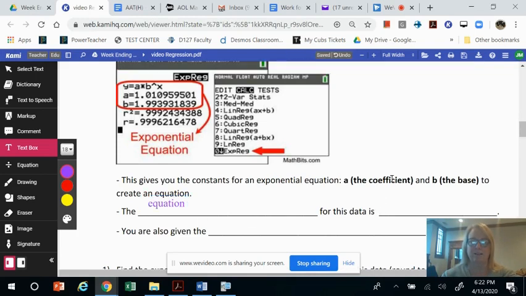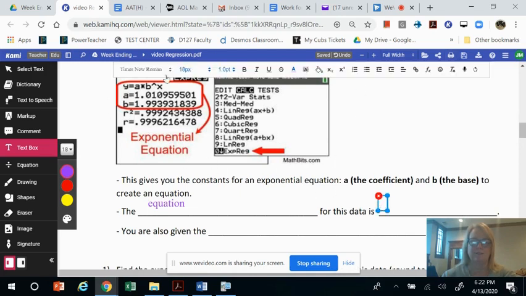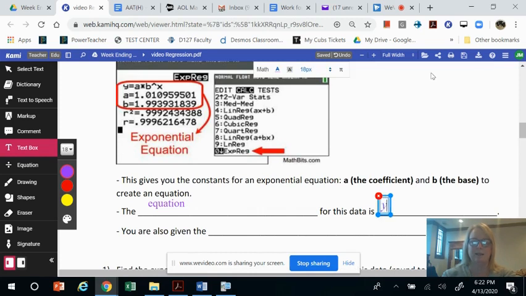for the data. So when you look at the equation on the screen, what it's saying is put that number in for A and that number in for B. So if we want to go ahead and type that out, we'd have y is equal to, now I'm going to round to the 1,000.